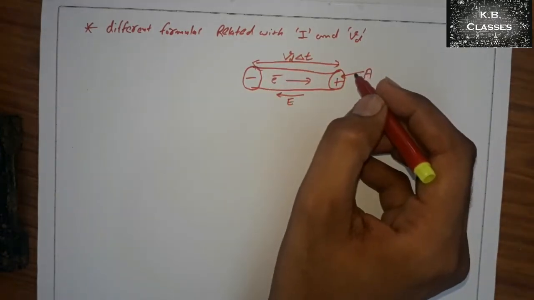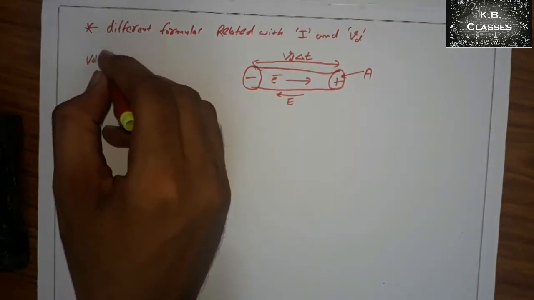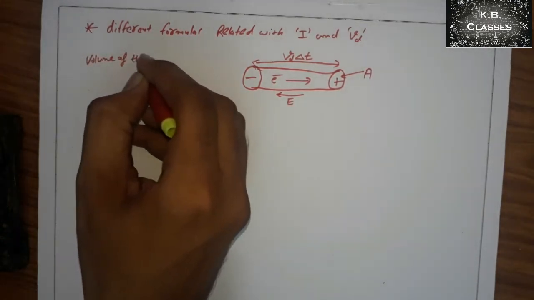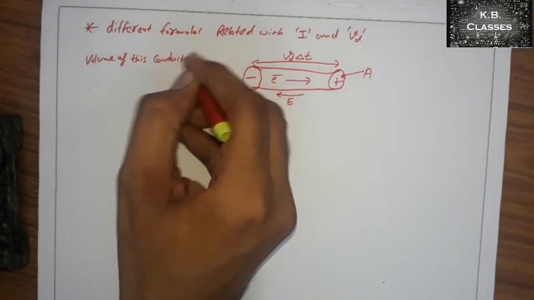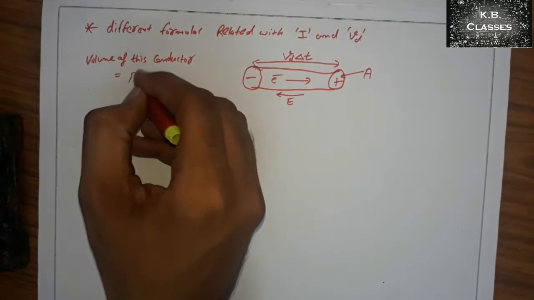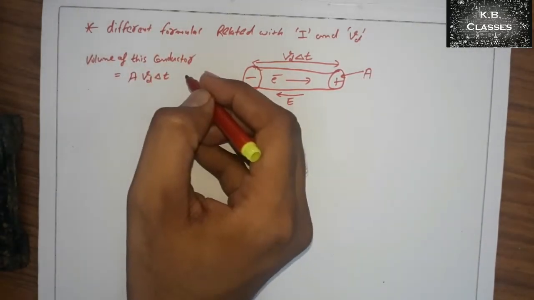Now first we determine the volume of this conductor. Volume of this conductor is equal to area into Vd delta t.